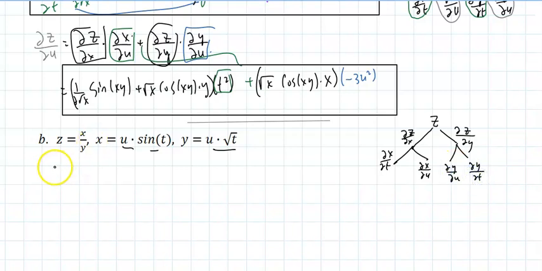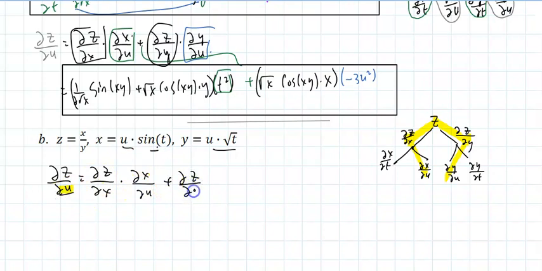When they say find the partial of Z with respect to U, you're really taking this route. That is, the partial of Z depends on X. By the chain rule, X depends on U, plus the partial of Z with respect to Y, and that's where this would be helpful if you're having a hard time with this.